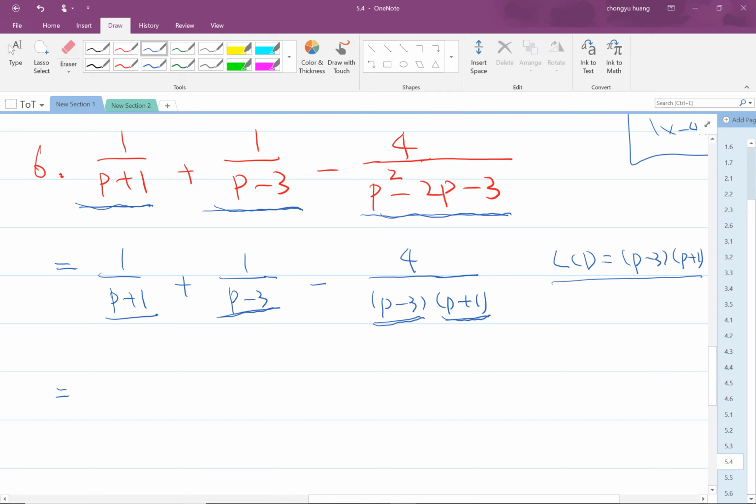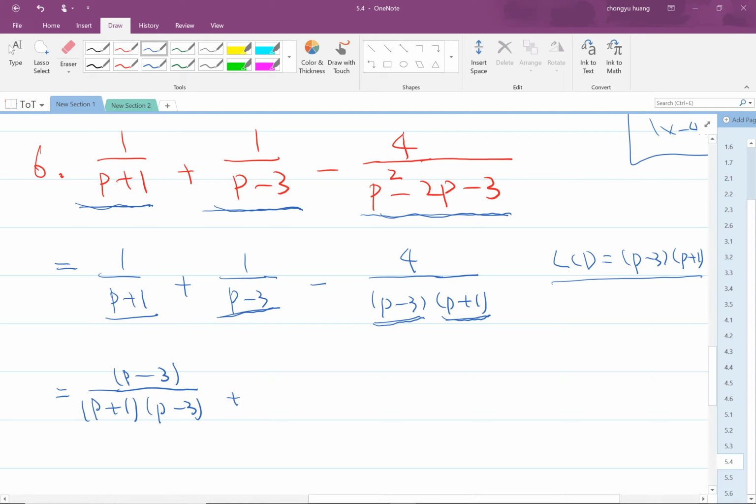Okay, so now you want to make sure you basically perform it, right? So we have a p minus 1 over here, and we're missing the term p minus 3, so you have to multiply up and down with p minus 3.